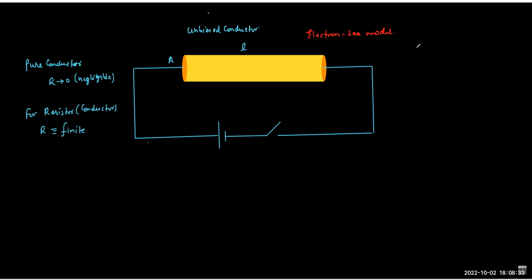I hope you know the lattice. Every conductor has a crystalline structure, and crystalline means it repeats a certain geometrical pattern. That's called crystalline.